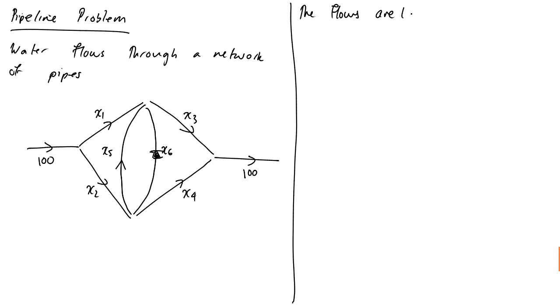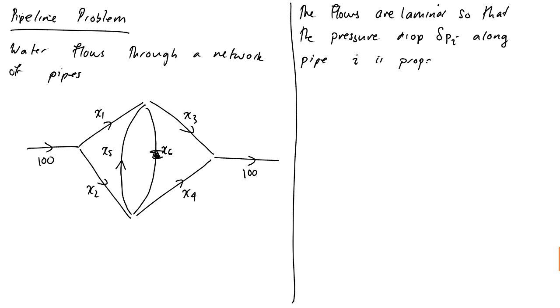So the flows are laminar, so that the pressure drop, we'll call it delta Pi, along pipe i is proportional to the flow rate xi.